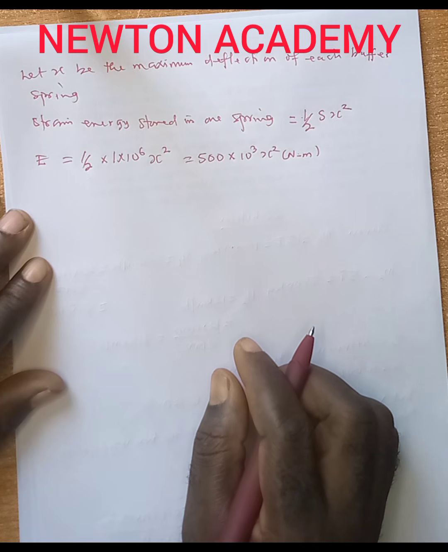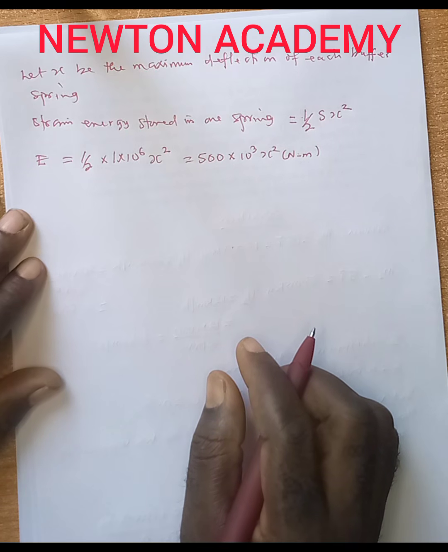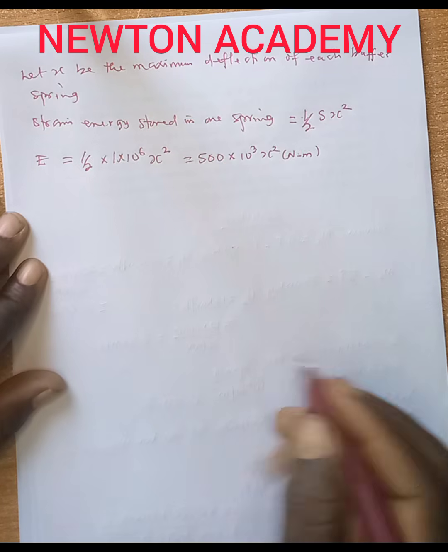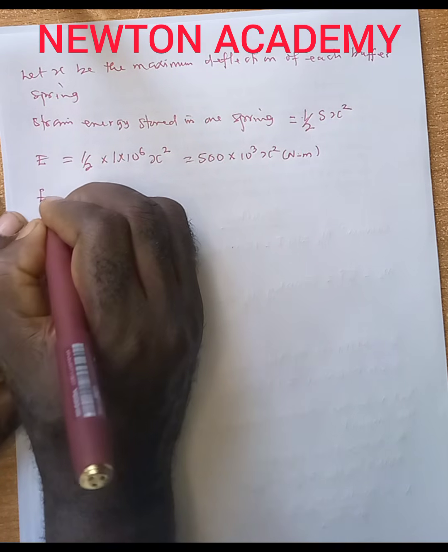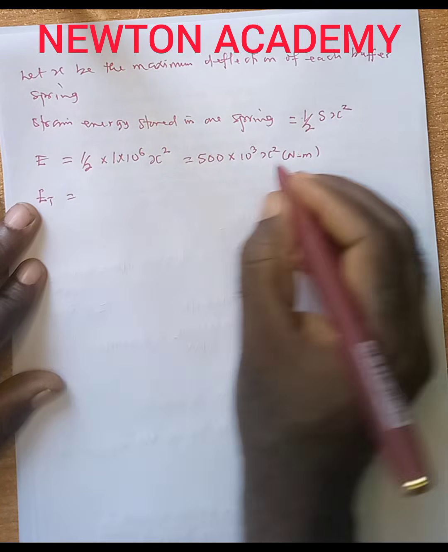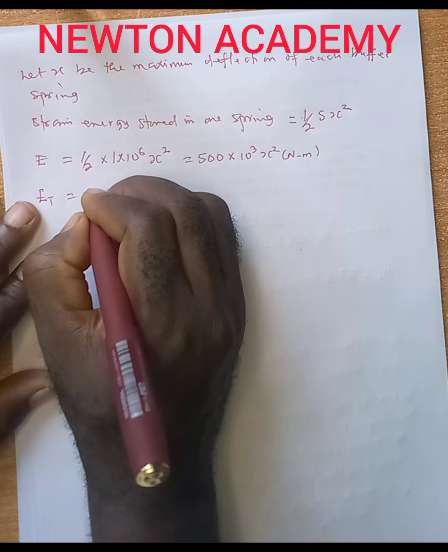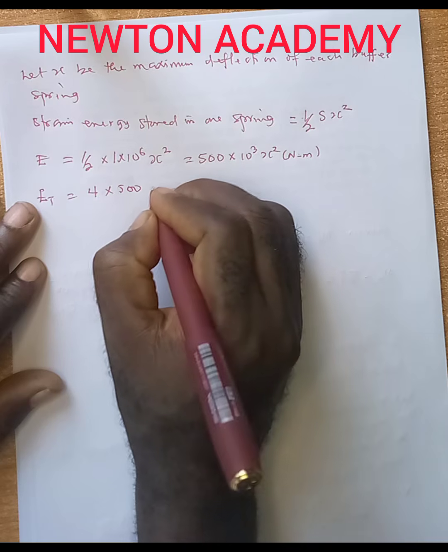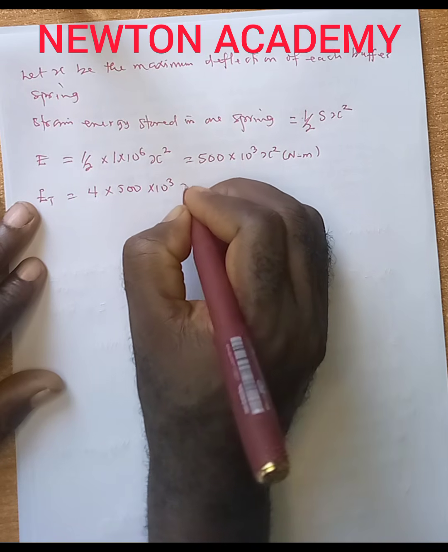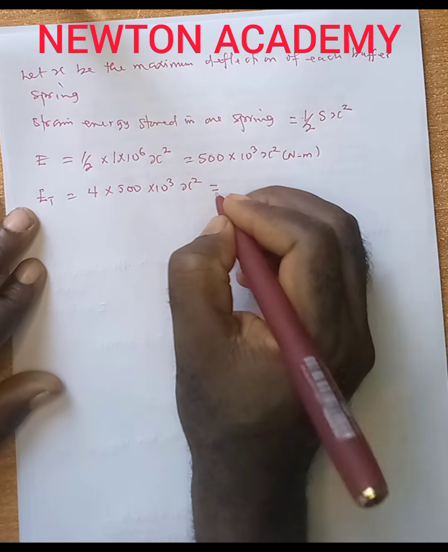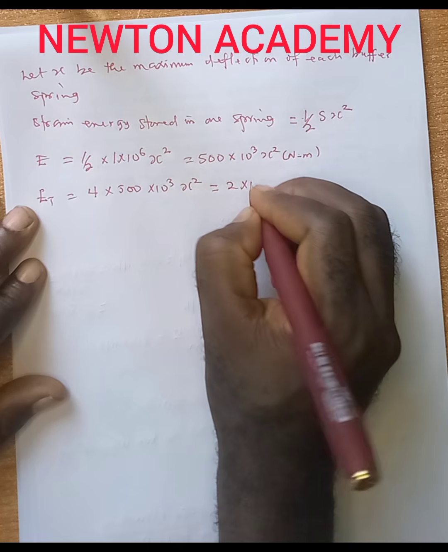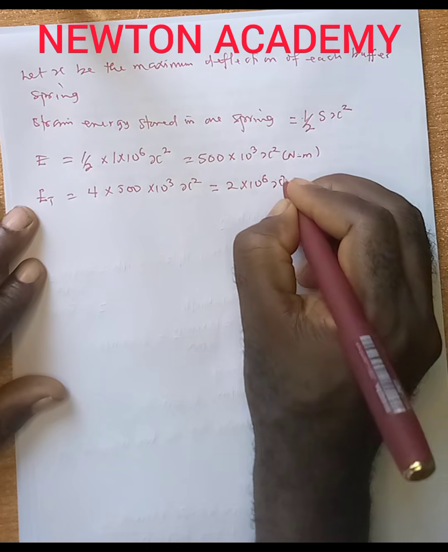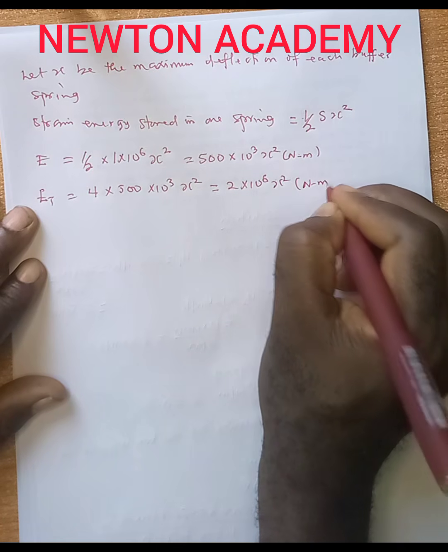Since these 4 buffer springs are strained, the total strain energy stored in the springs is going to be the energy of one buffer multiplied by 4. This will be 4 multiplied by 500 times 10 raised to the power 3 x squared, and this gives 2 times 10 raised to the power 6 x squared, still in Newton meter.